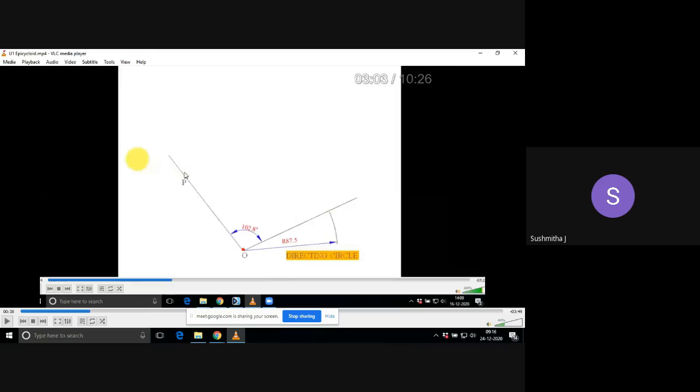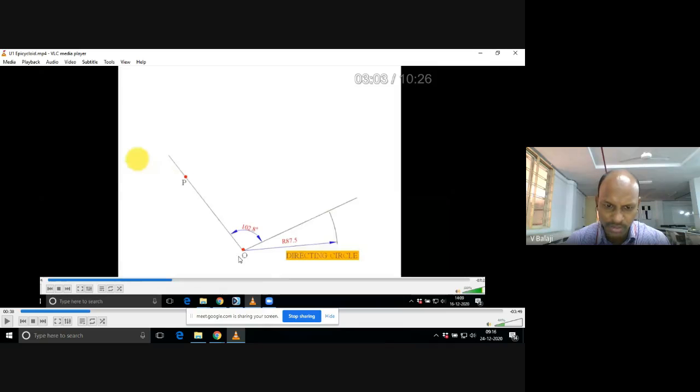Yes, sir. Take 87.5 radius. See, you will find how to represent the dimension. So 87.5 is the radius. You mark one point P on this particular line, and also you draw one circular arc passing through P, with O as center and OP as radius.